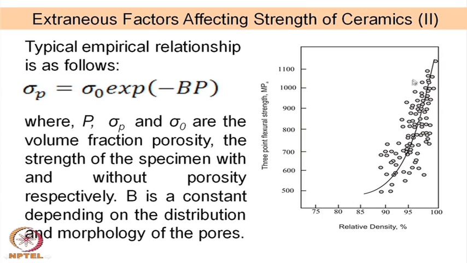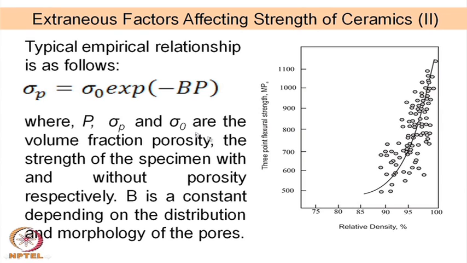So, that is an important observation, and an important aspect of the mechanical behavior of porous materials. Of course, as you can see here, the plot has been given only from 85% to 90%, to almost 99% or so.